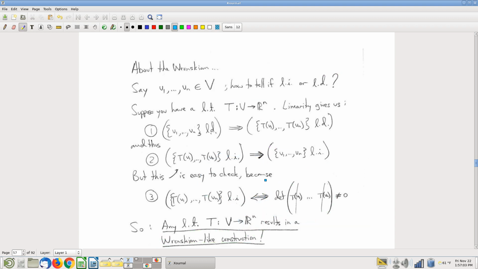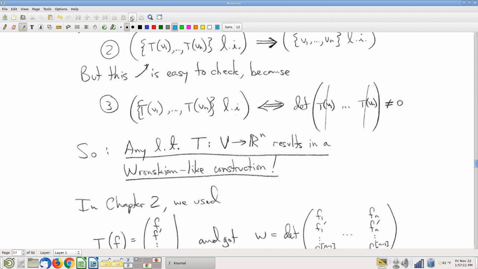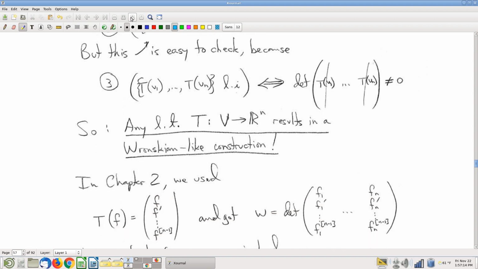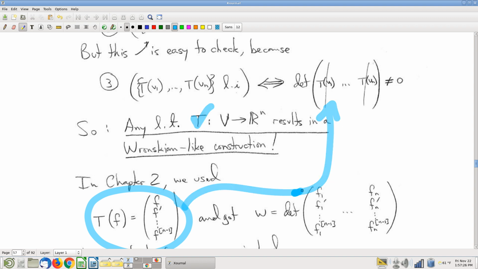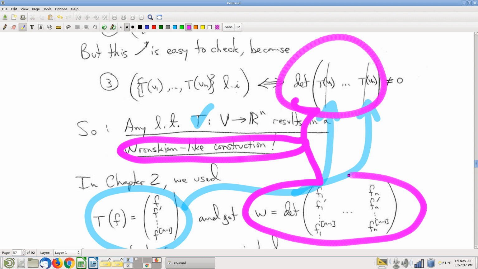Alrighty. So let's think back to chapter 2 for a minute. We didn't approach the Wronskian in this way at that time, but now that we have this point of view, I claim that effectively we're using this linear transformation as our T. This is the thing whose values become the columns of which I take a determinant to make my, in general, Wronskian-like construction, which you'll notice here is the exact Wronskian that we developed back in chapter 2, again with a different motivation there.